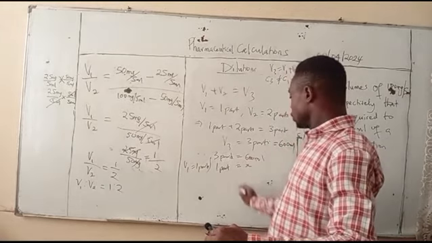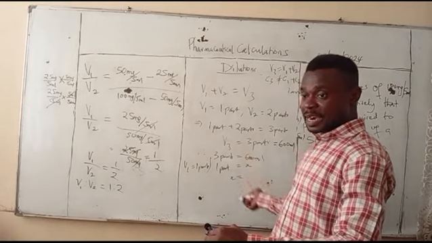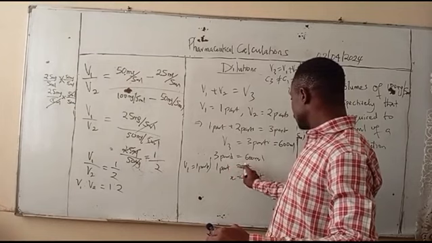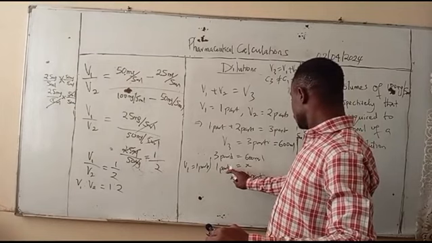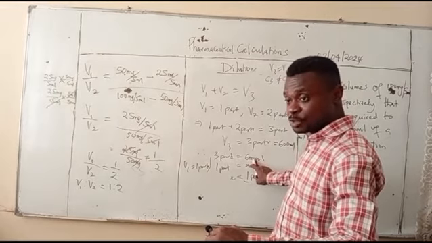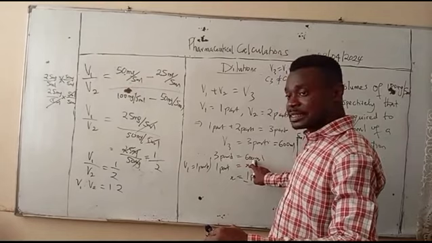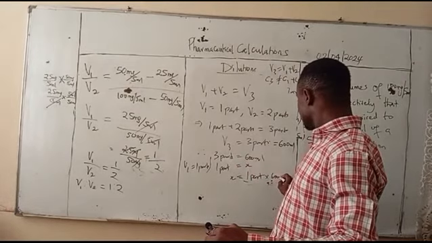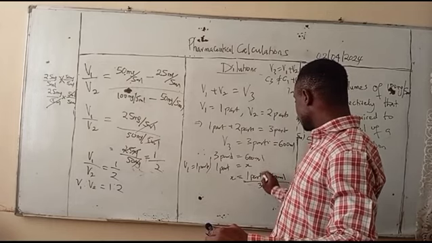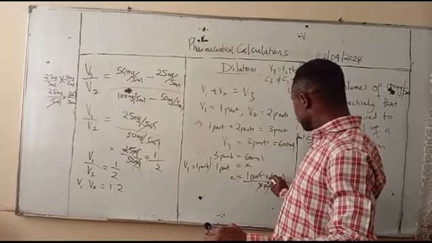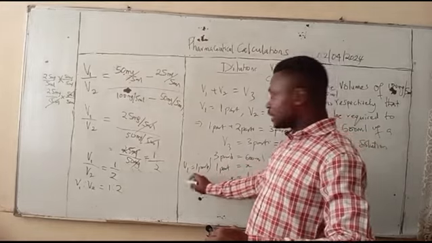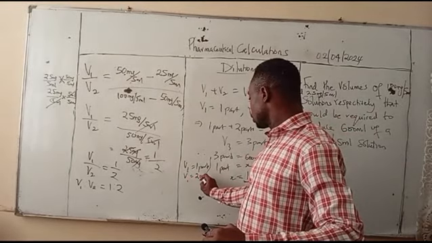We don't know, so X. We cross multiply: X is 1 part times 600 ml over 3 parts. Parts cancel parts. 3 divides 600 is 200 ml. Since V1 is 1 part, V1 is equal to 200 ml.